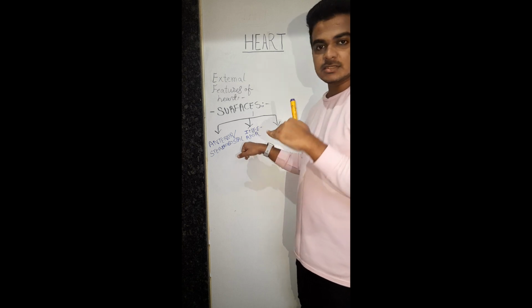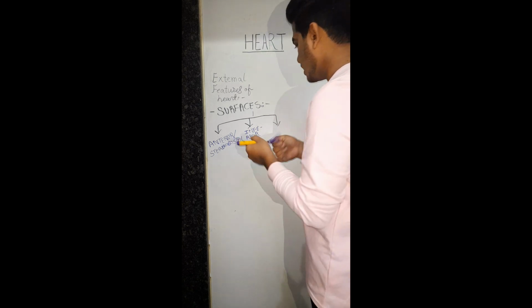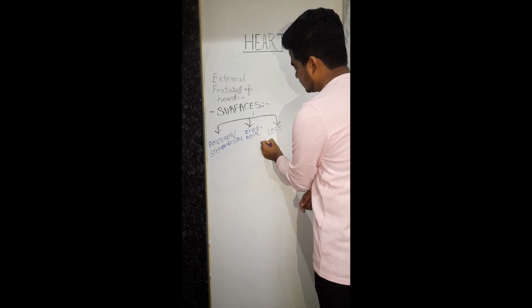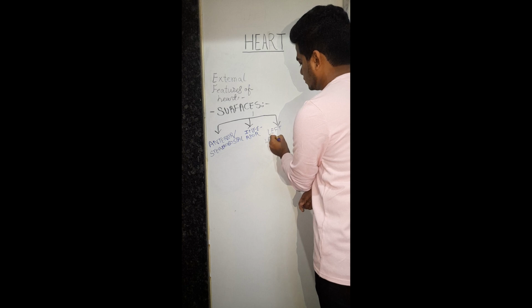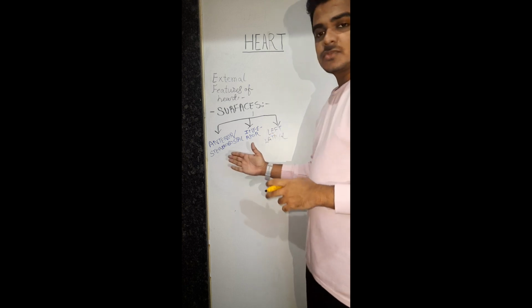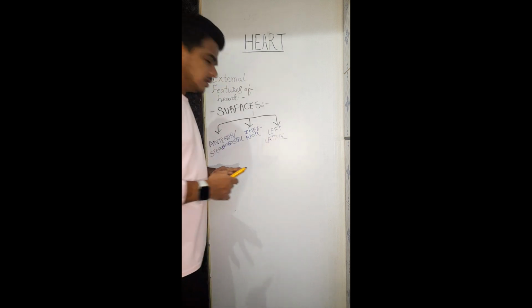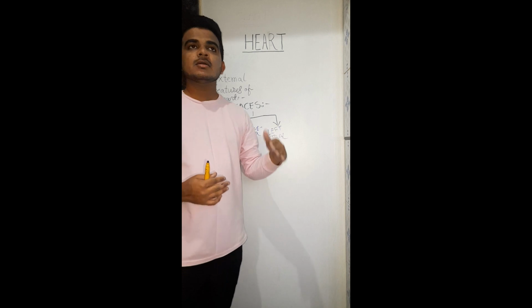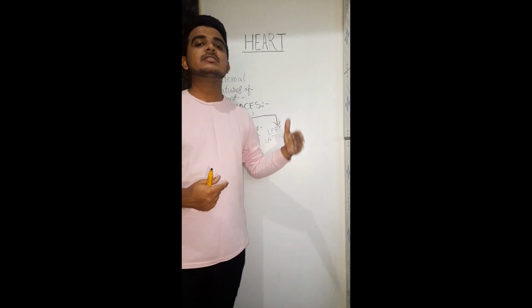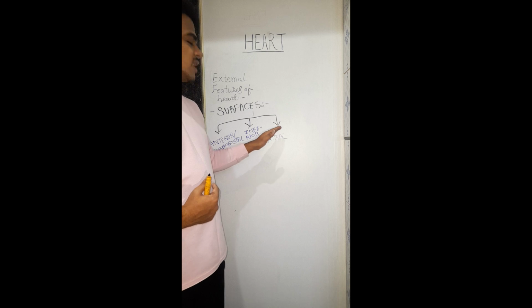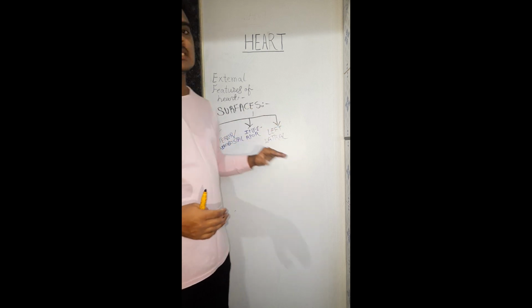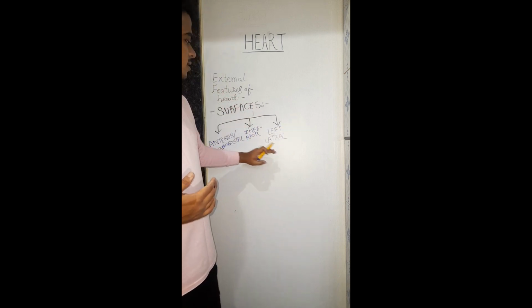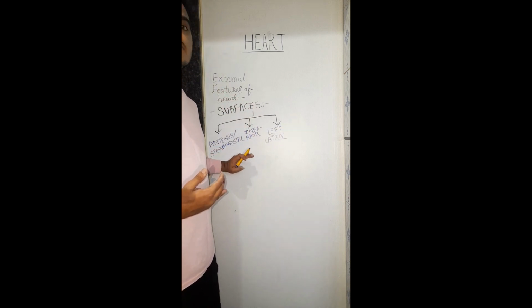Second is inferior, meaning downward, and the last one is the left lateral. Lateral means the lateral side of the heart. So these three surfaces, anterior, inferior, and left lateral, I will show you in diagram also and in detail.